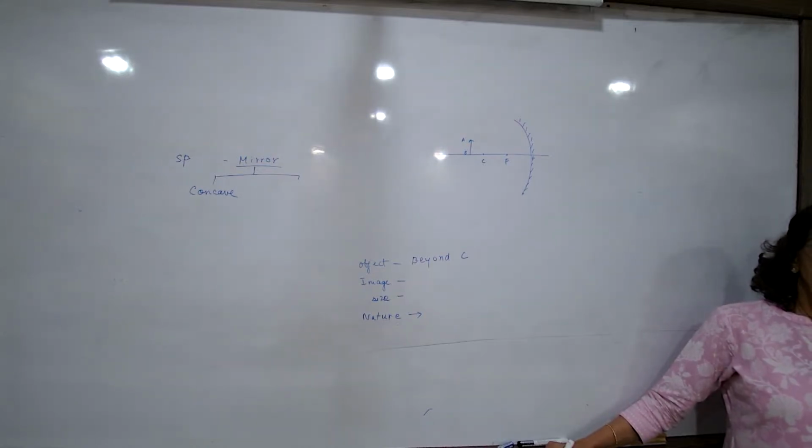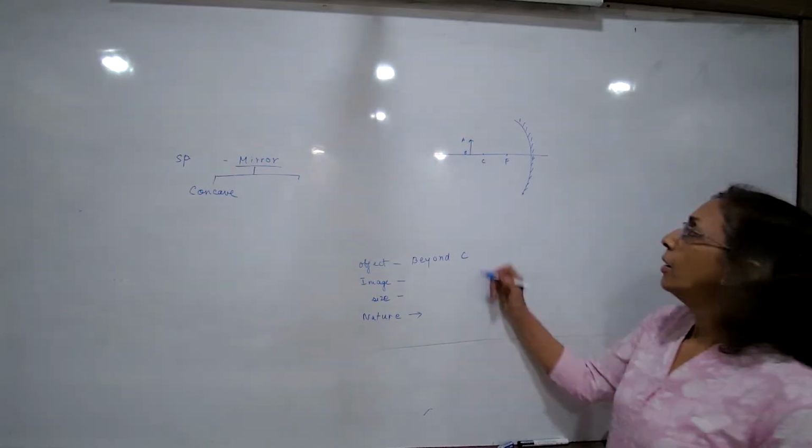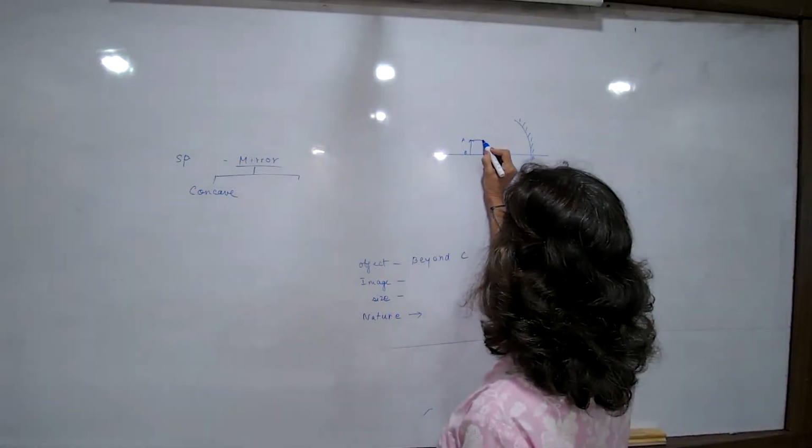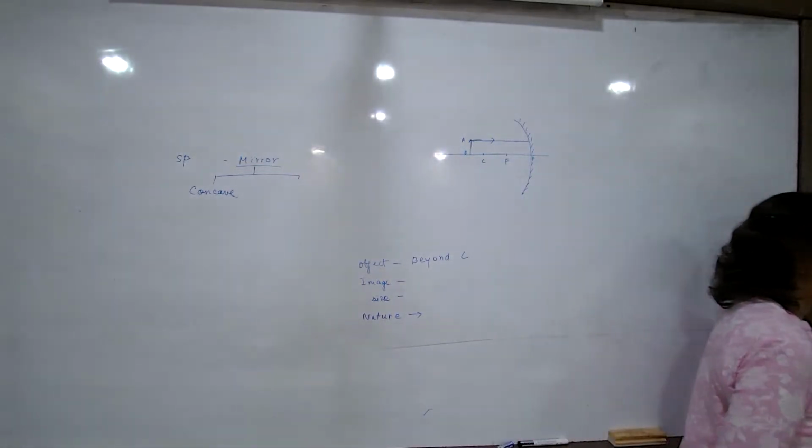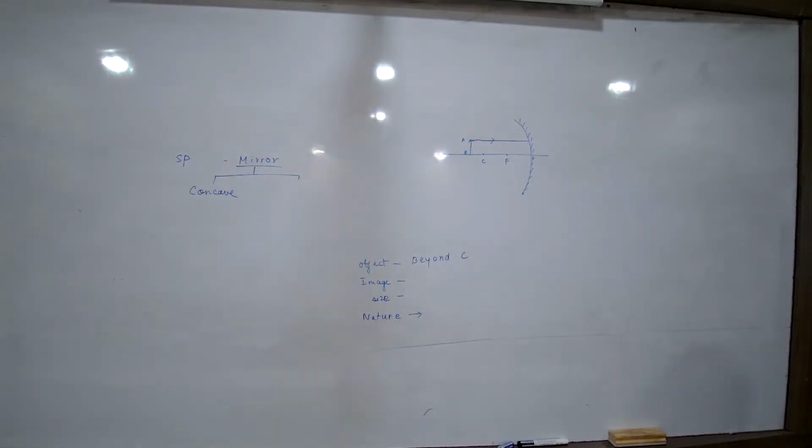First ray, we will take the same thing. One ray, incident ray, which is parallel to the principal axis. Koshika, don't make that object very big. Just 2 lines above is more than enough. इतना बड़ा object है. That object is going beyond your mirror. That's why I told you. Just 2 lines is enough.